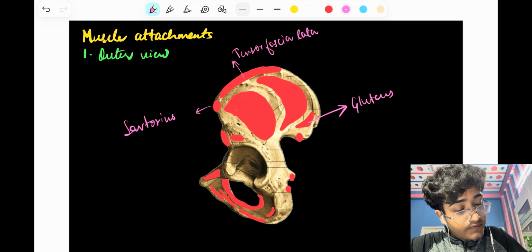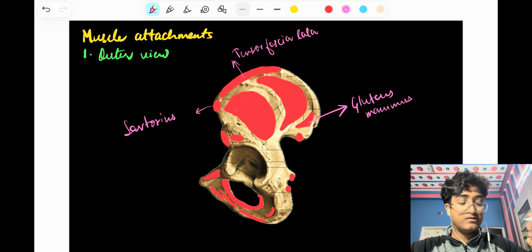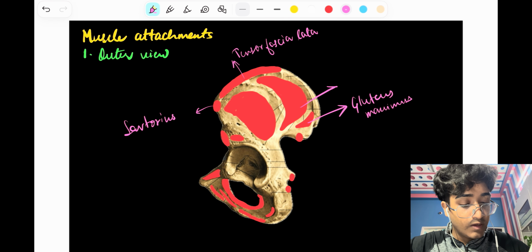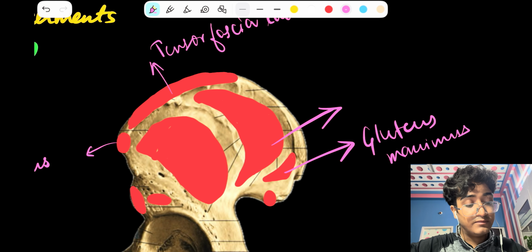This is the attachment of the gluteus maximus. You don't have to remember the attachments for a particular bone. I'm just doing it for a purpose. You'll remember it when we'll deal with the individual muscles.